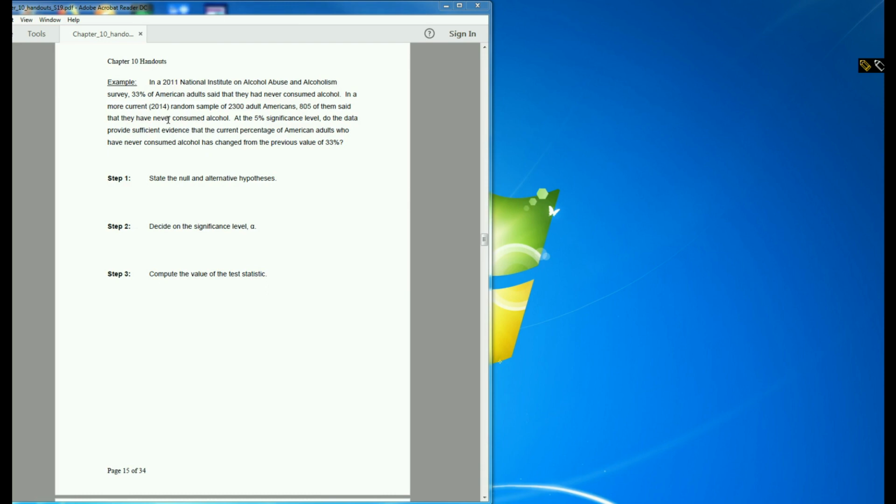In a more current random sample of this many adult Americans, 805 of them said that they had never consumed alcohol. At the 5% significance level, do the data provide sufficient evidence that the current percentage of American adults who have never consumed alcohol has changed from the previous value?